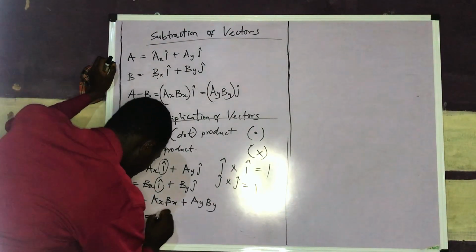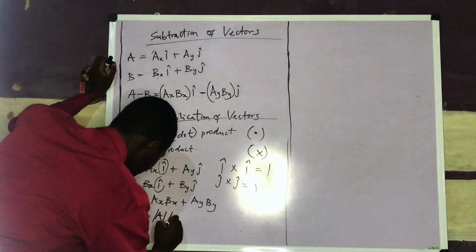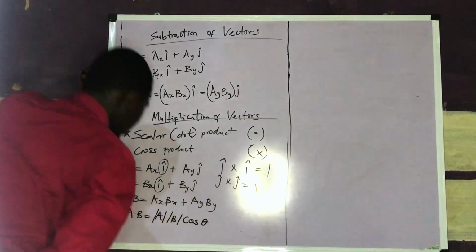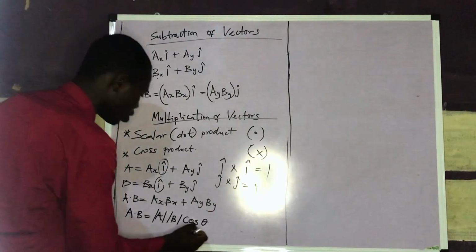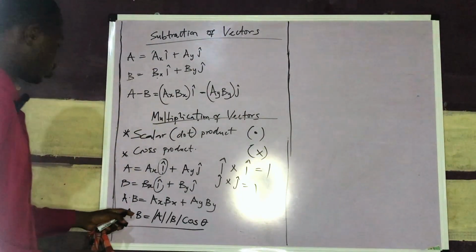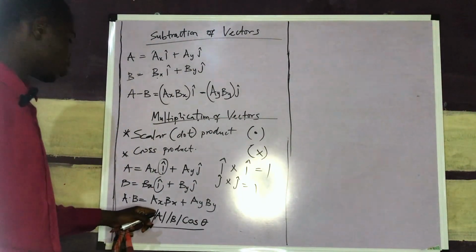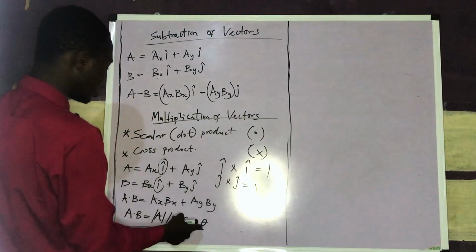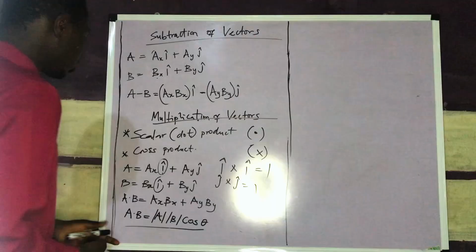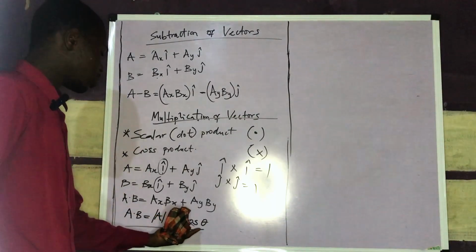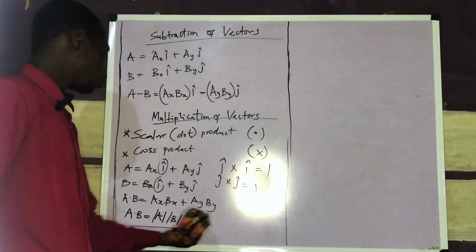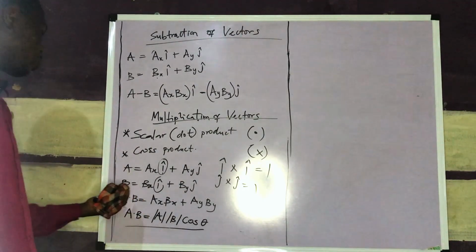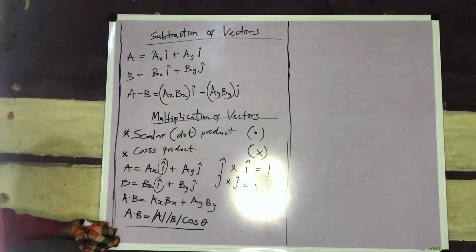A dot B is equal to the magnitude of A times the magnitude of B cos theta. So this is the formula to get the angle between the dot product of two vectors.